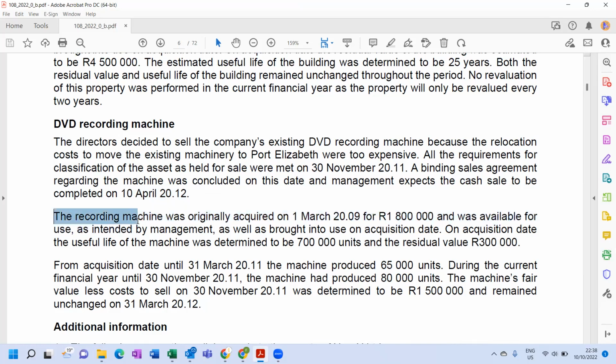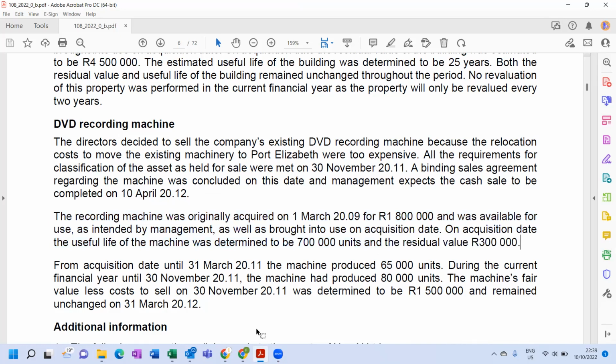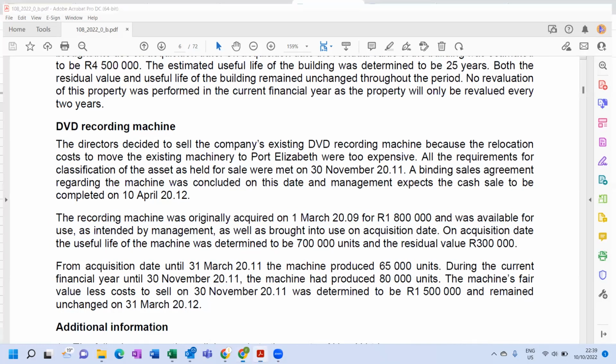The recording machine was originally acquired on 1 March 2009 for 1.8 million and was available for use as intended by management, as well as brought into use on acquisition date. On acquisition date, the useful life was determined to be 700,000 units and the residual value 300,000 Rand. So let's go and see.